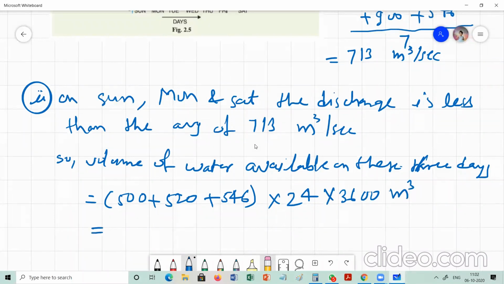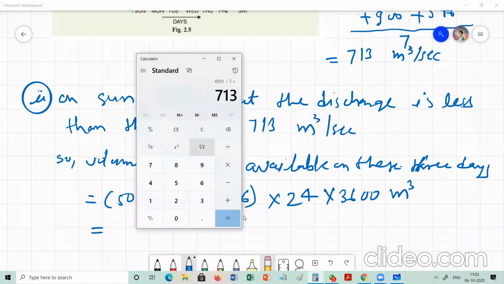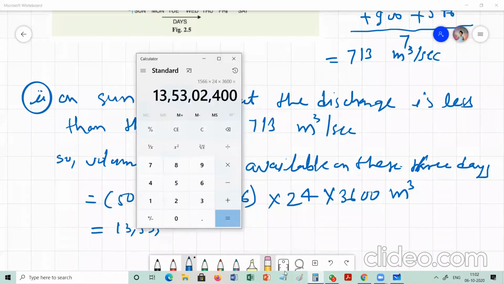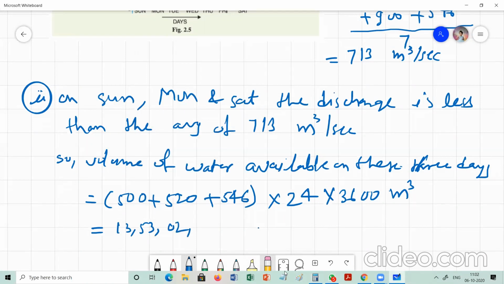So 500 plus 520 plus 546, into 24 into 3600, will be equal to 13,53,2400 meter cube.